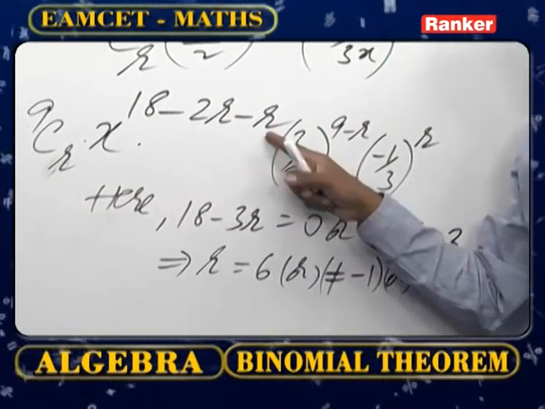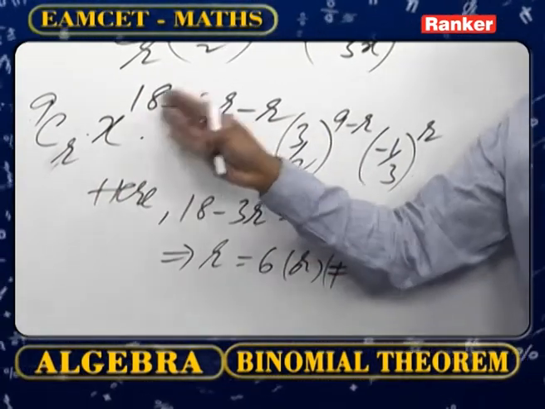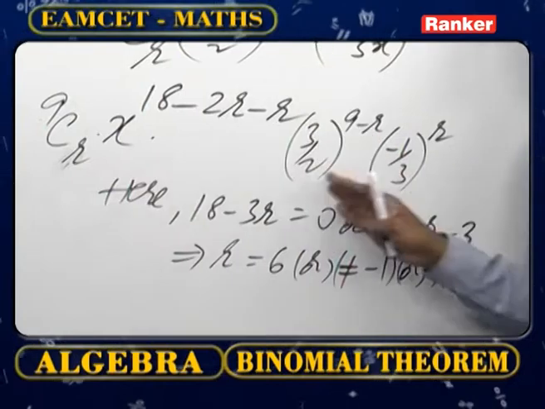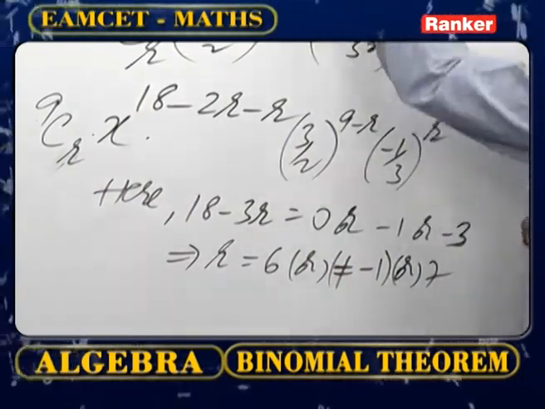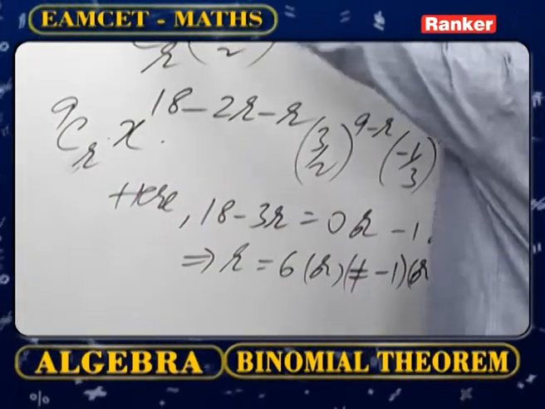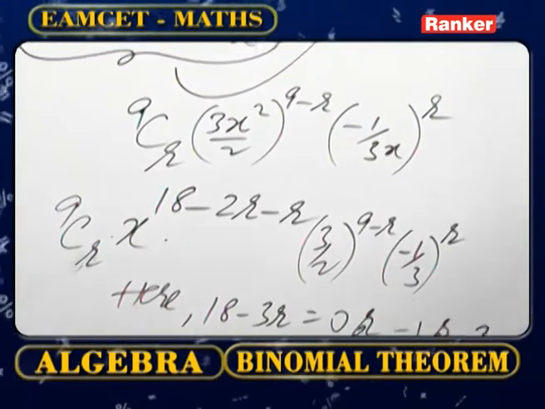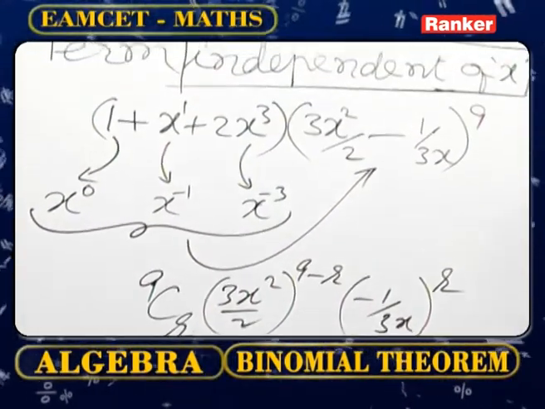Minus 12 minus 6, 18. 18 minus 18, 0. So x power 0. Whatever term remains will always be constant, which is the term independent of x if it is individually taken. But it is not individually taken, it is multiplied with this one. So what values of r have we got here? Remember, r is equal to 6 and r is equal to 7.